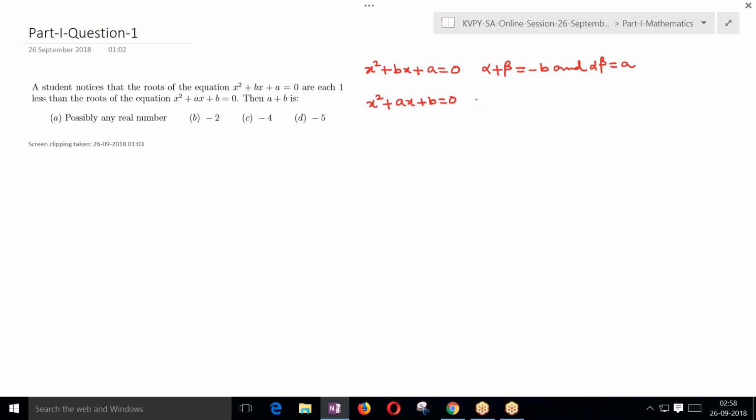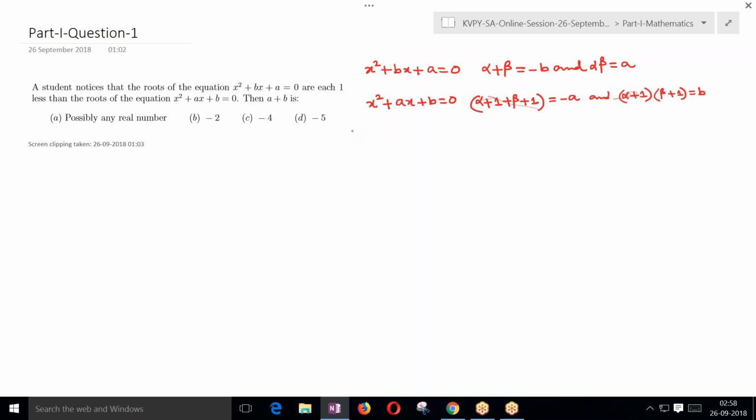So alpha plus 1 plus beta plus 1 is equal to minus a, and alpha plus 1 into beta plus 1 is equal to b.